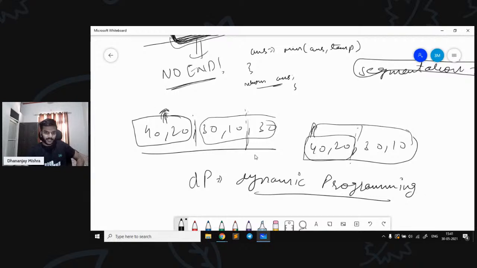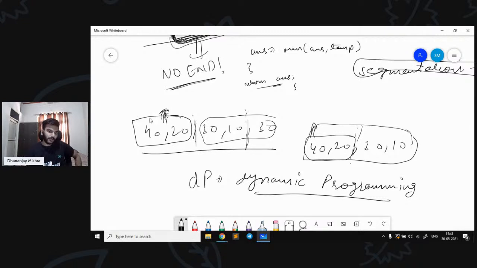In this left subpart I have to do partitions also, to consider each and every case and choice, because we are doing it in a brute force manner.